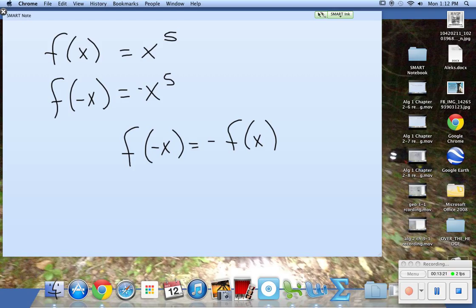What negative f of x equals f of negative x? Well, we just did. We just did. What is that on the board right now? Right here. On this board right now.